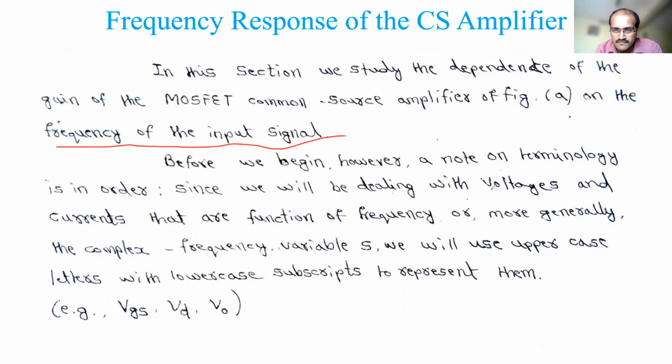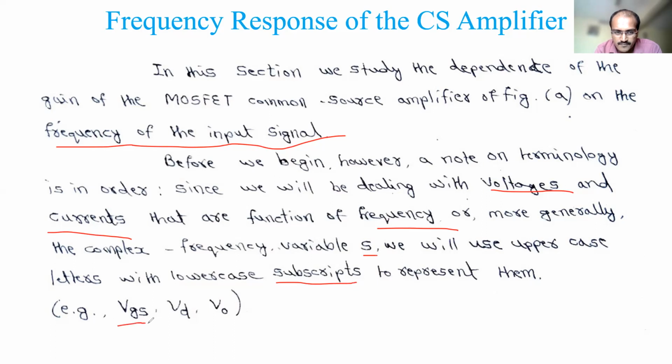Since we will be dealing with voltages and currents that are functions of frequency, or more generally the complex frequency variable S, we'll be using the S term for frequency. We'll use uppercase letters with lowercase subscripts to represent the various quantities.